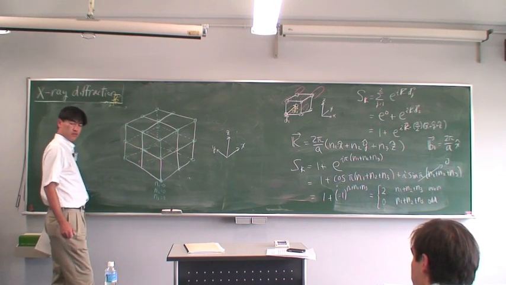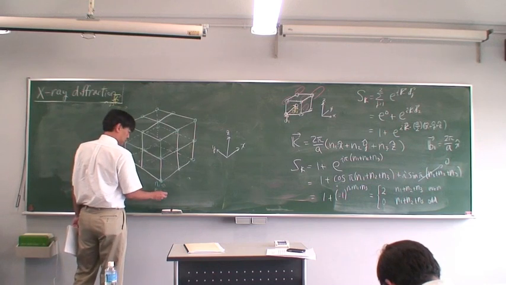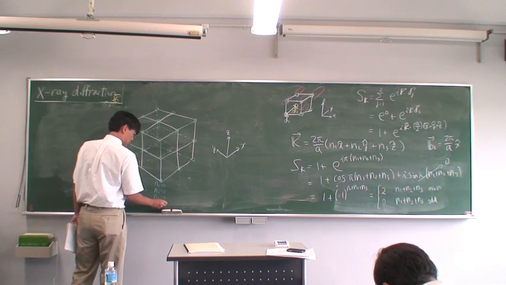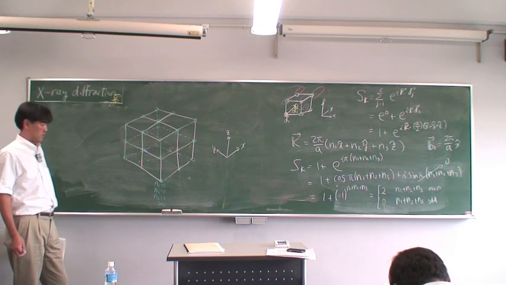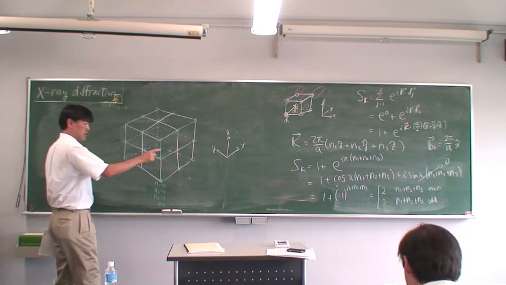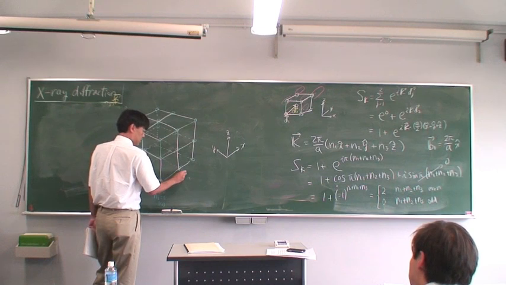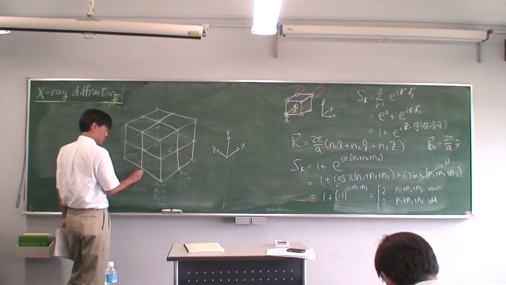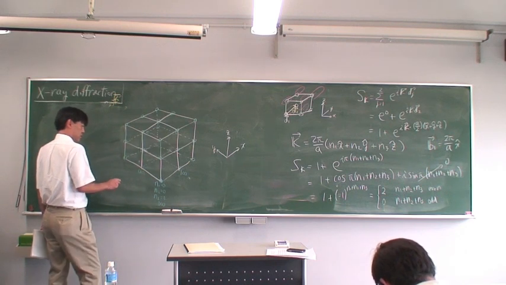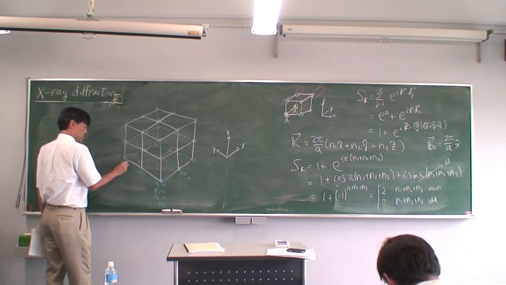So we call it 0, 0, 0. And because this is the x direction, this is 1, 0, 0. This is 0, 1, 0. This is 0, 2, 0.